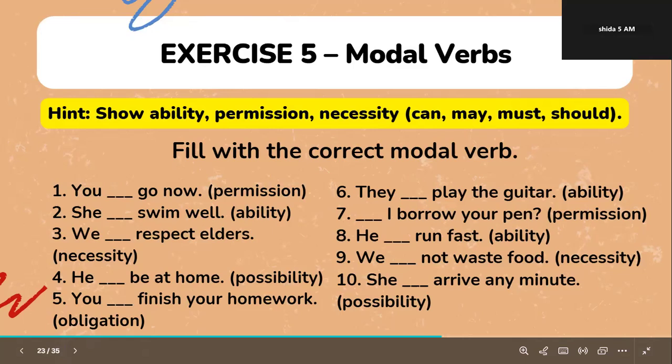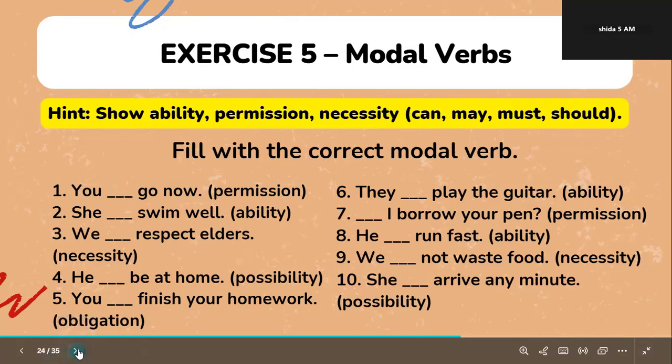So the teacher will grant permission by saying, you may go. So the answer is, you may go now. It shows permission. She dash swim well. It shows an ability, so it is connected with can. She can swim well.